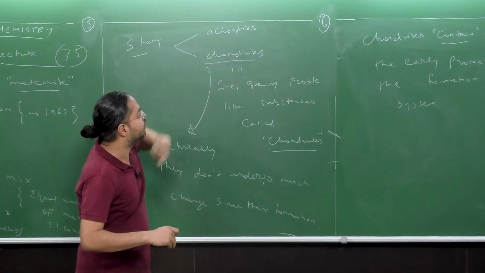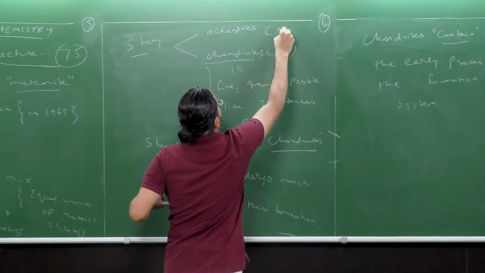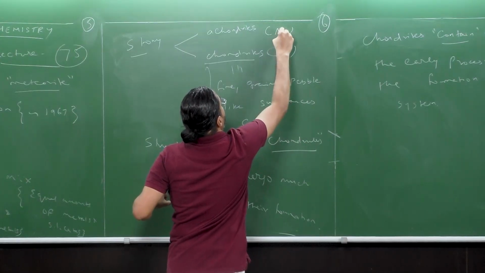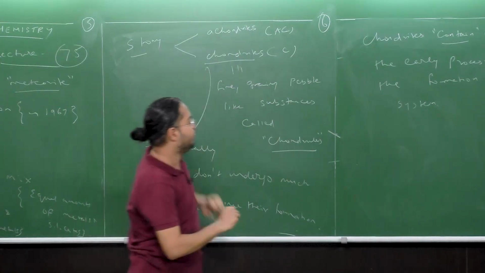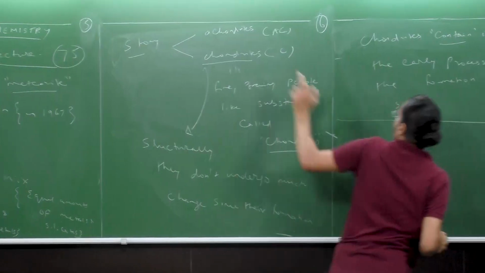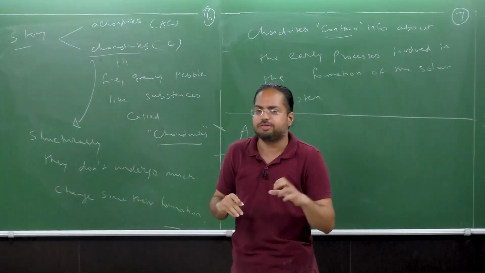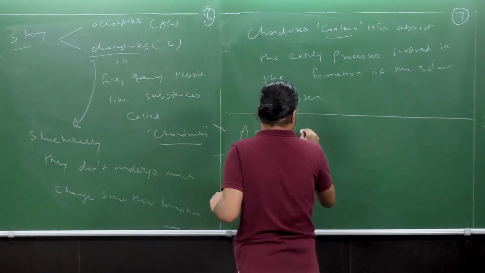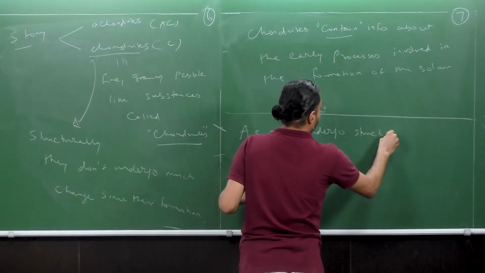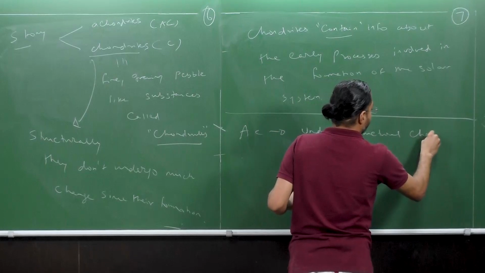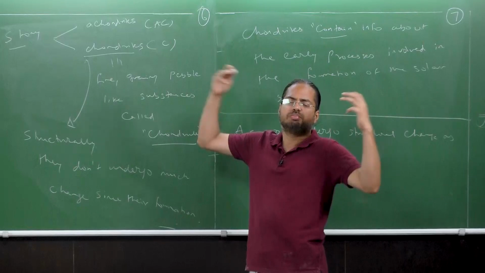But in the case of the achondrites, I'll write down, I'll call them C, and I'll call this AC. AC referring to achondrites and C referring to the chondrites. Typically, your AC, the achondrites, undergo structural change as they encounter other planetary bodies.